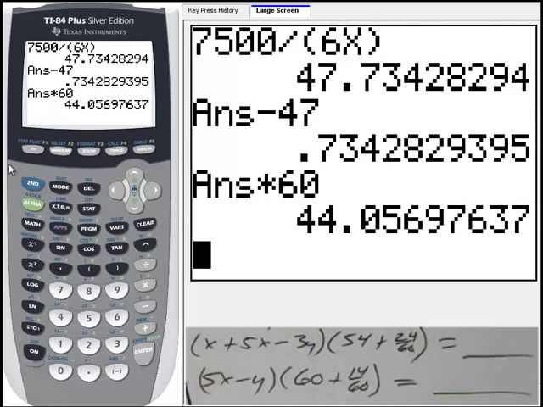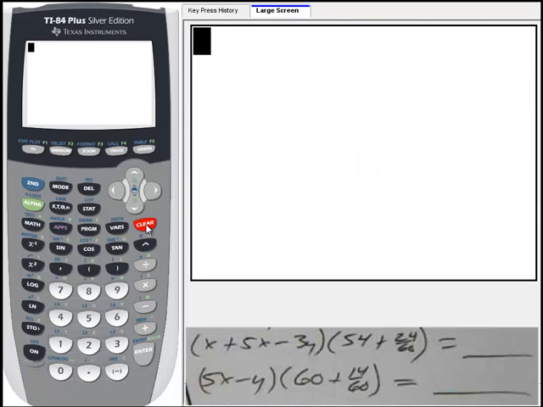Okay, here at the calculator, let's go ahead and clear this home screen for a minute and begin with that first equation.